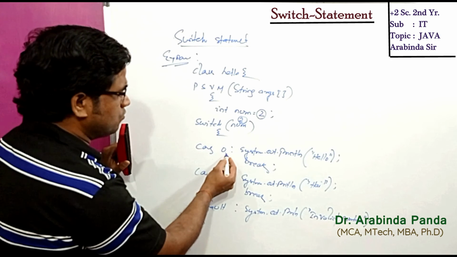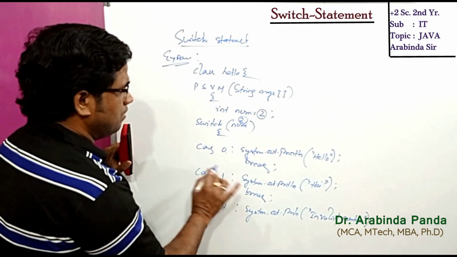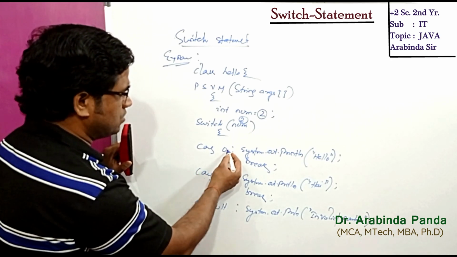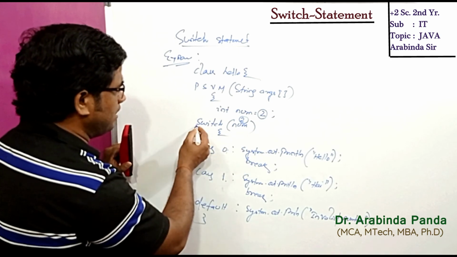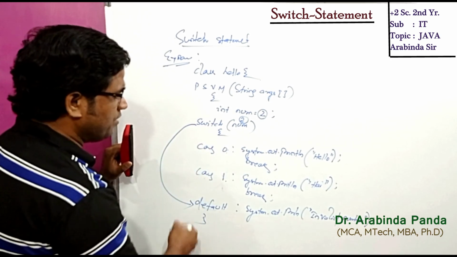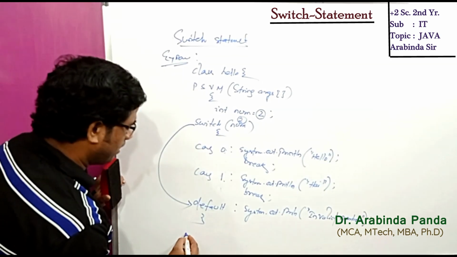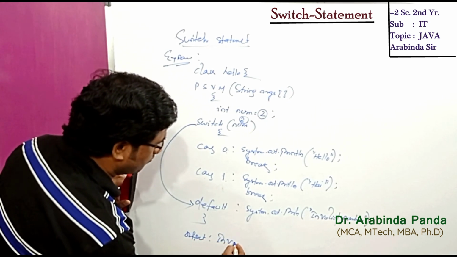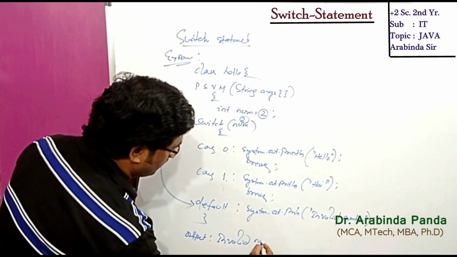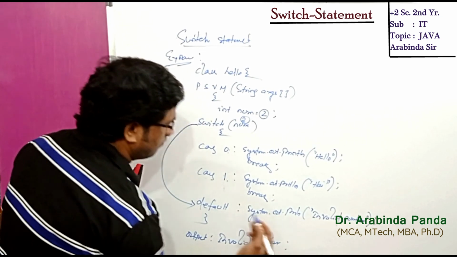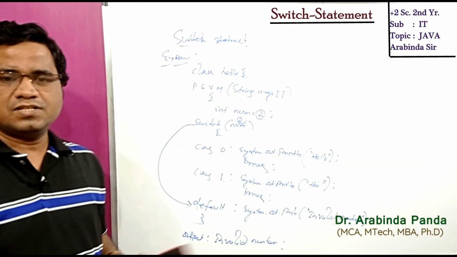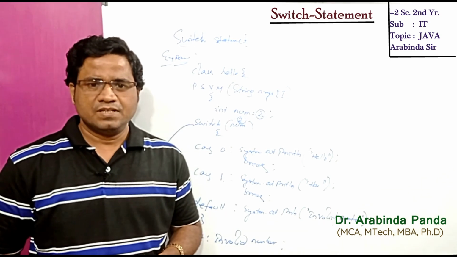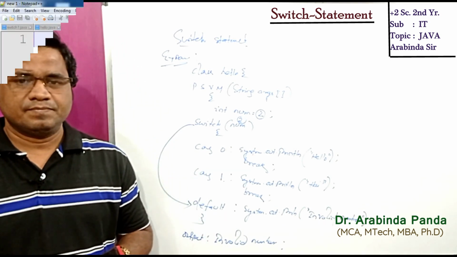So see, there is no case value like 2, there is case 0, case 1, so directly it will come to the default statement. That is what your output will be: invalid number. Okay, so very simple. So see the implementation.